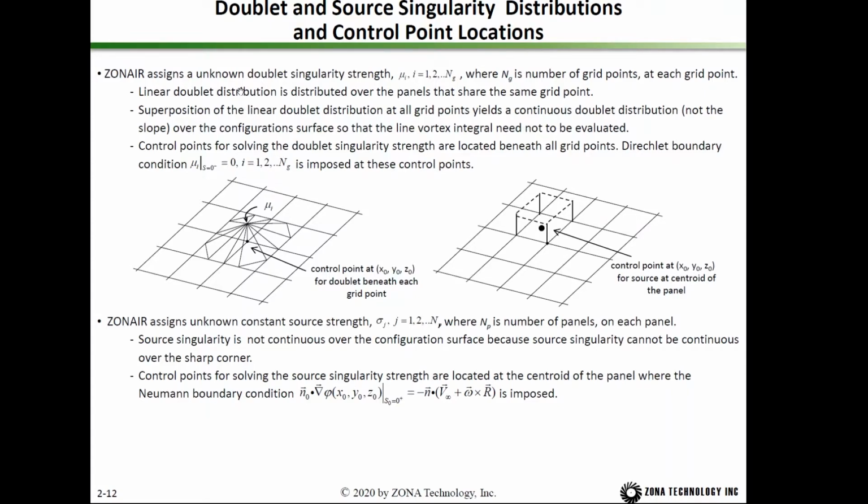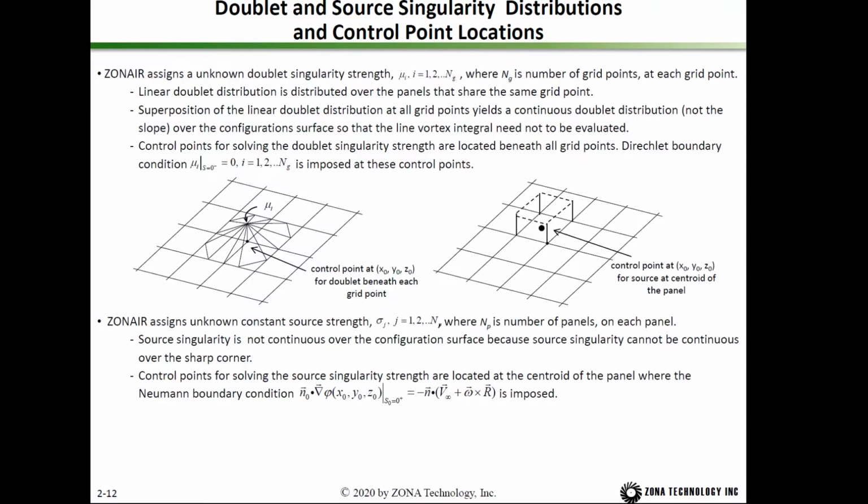And ZONAIR assigns an unknown doublet singularity strength, we call it mu. Mu goes from 1 to ng, where ng is the number of grid points. At each grid point, a linear doublet distribution is distributed over the panels that share the same grid point.